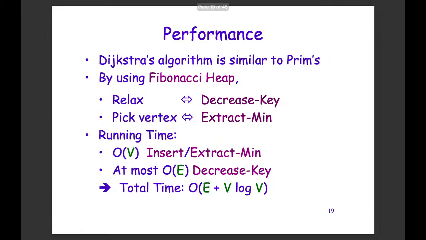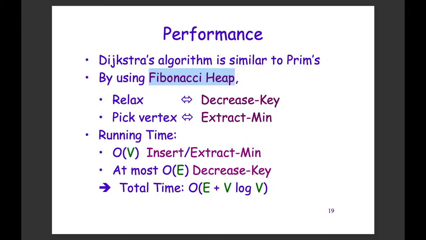And now the analysis. Once we see that it is really similar to Prim's algorithm, we immediately can see that the whole process can be implemented using the Fibonacci heap. So each relax operation is just a decrease key operation. So we maintain a heap for all the vertices, and the key inside the vertex is the shortest distance from S to it.